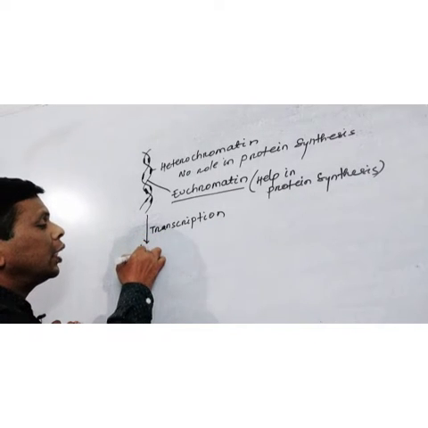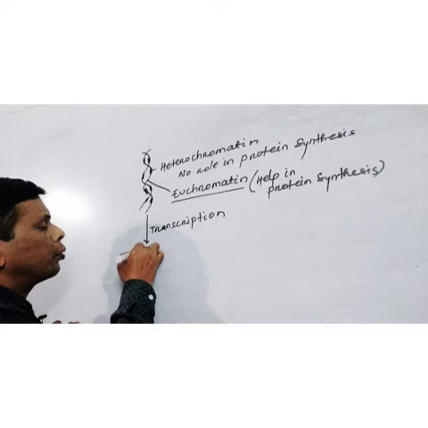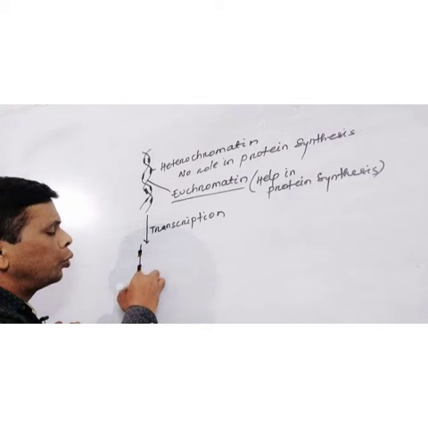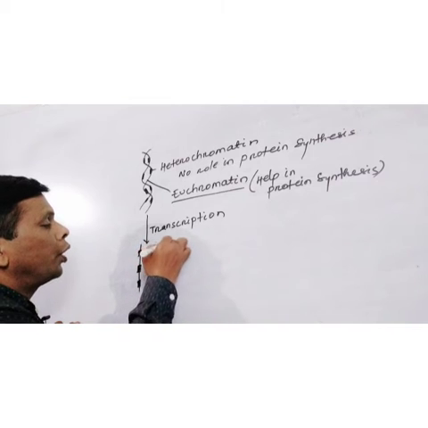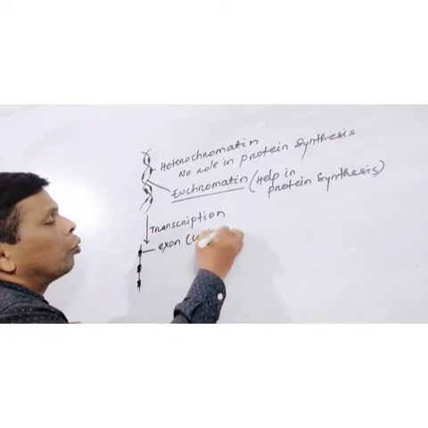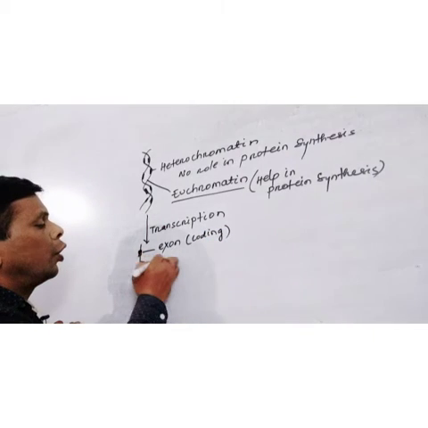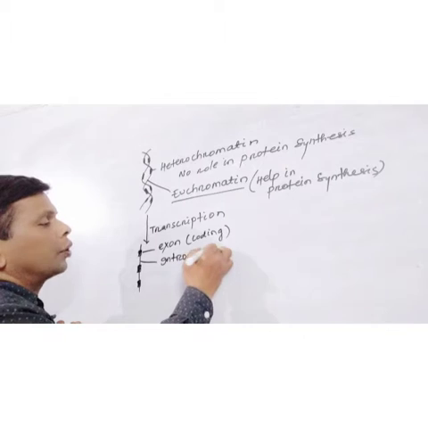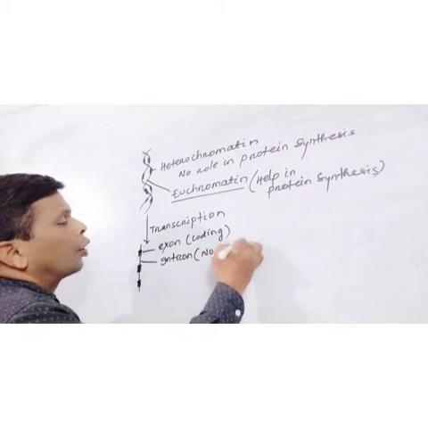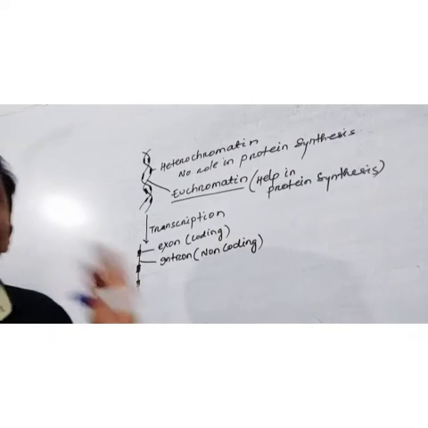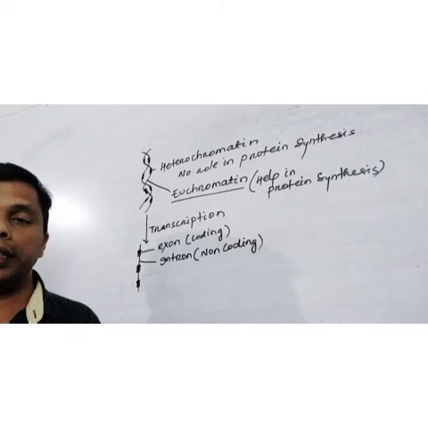A single strand is formed which carries coding zones. These coding zones are called exons. Non-coding zones are called introns. So both coding and non-coding zones are present.